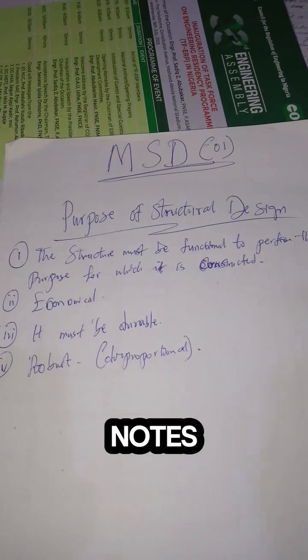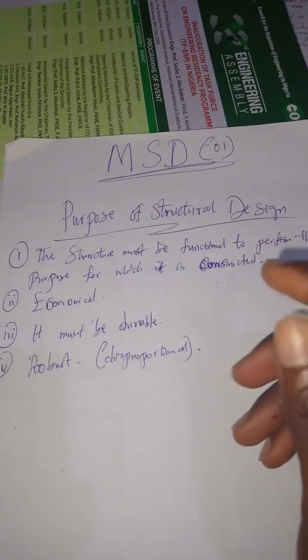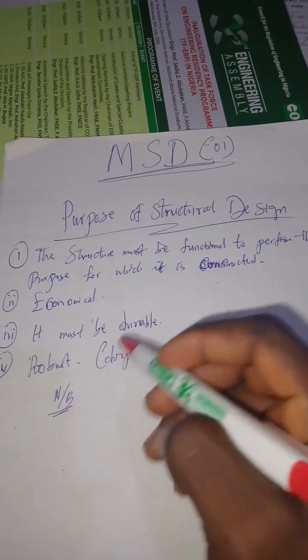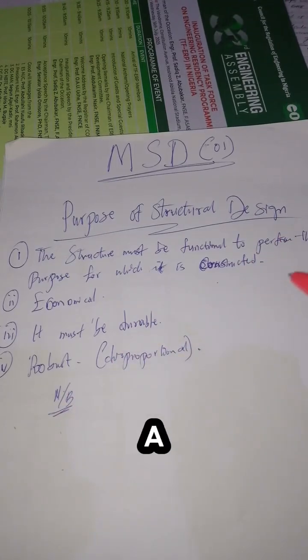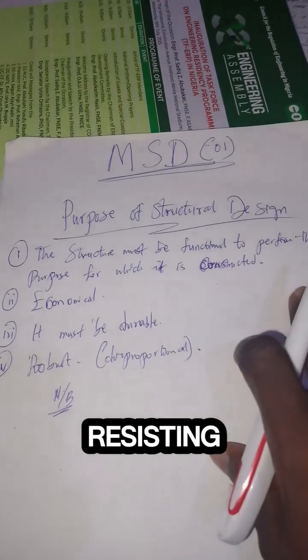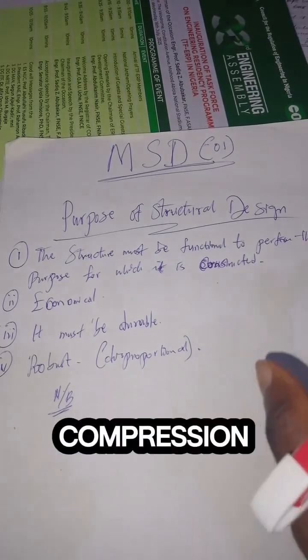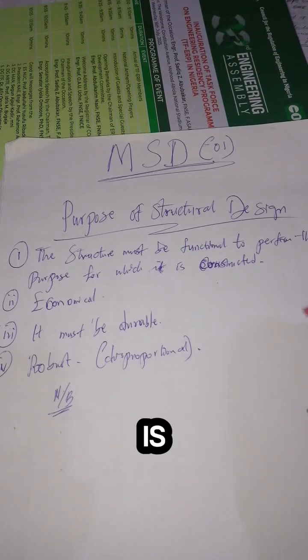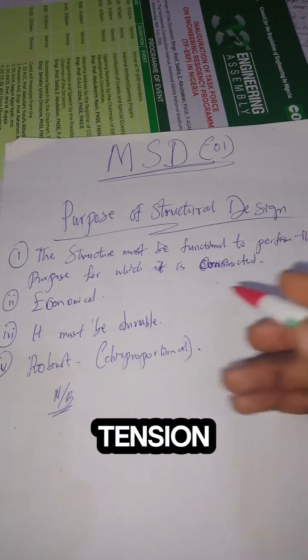Okay, so note that concrete is good in resisting compression, while reinforcement is good in resisting tension.